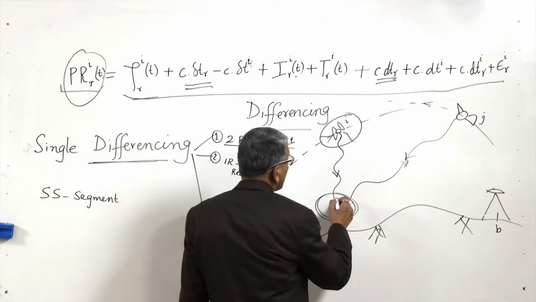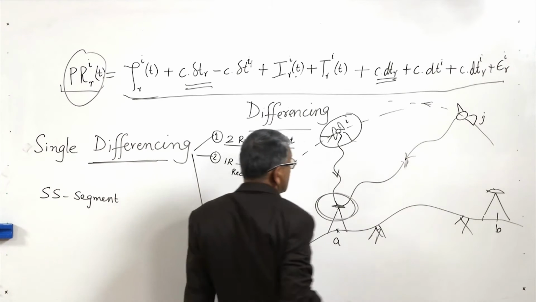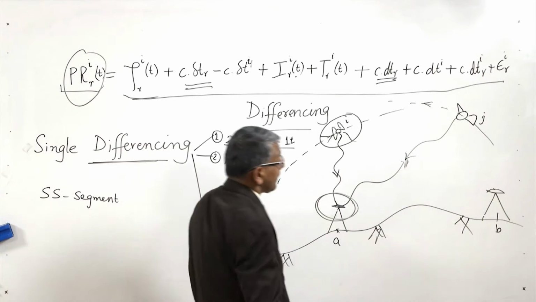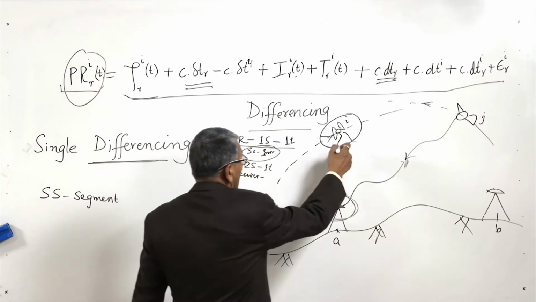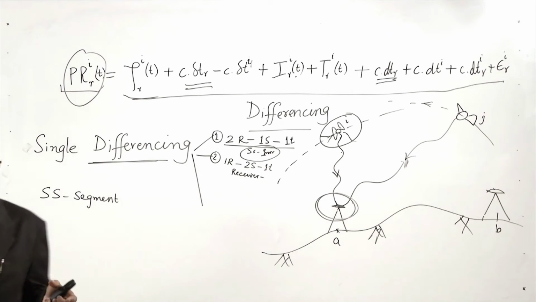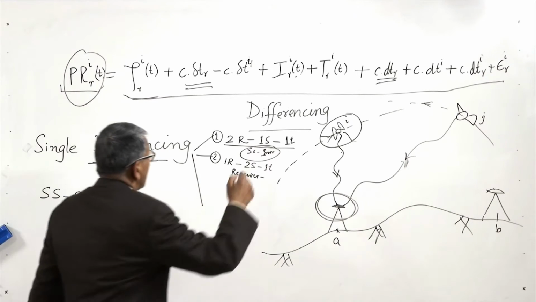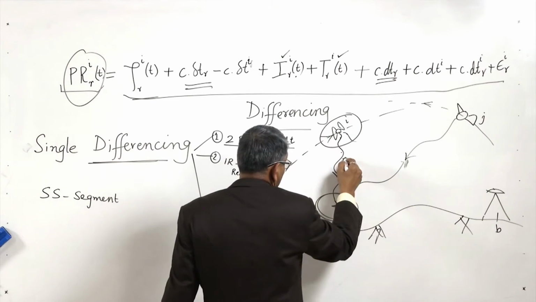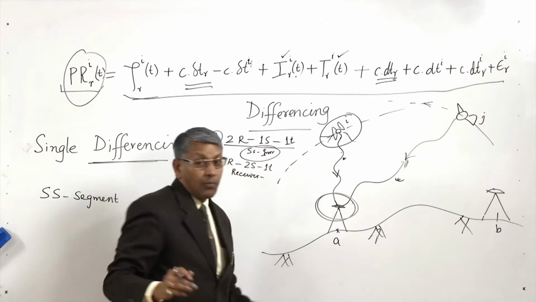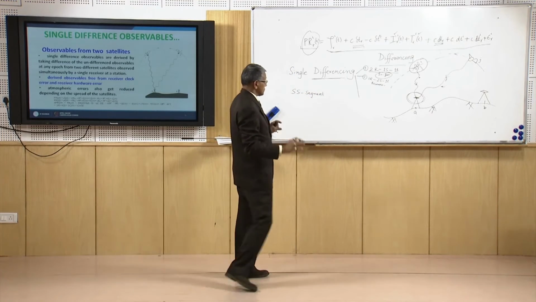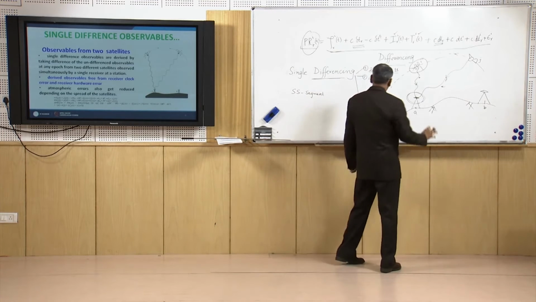As well, if the distances of the satellites are more or less near, then the signal will travel through more or less the same atmosphere. So, the amount of ionospheric and tropospheric error in this signal as well as in that signal will be more or less the same, so they will get reduced. That is the idea behind this.